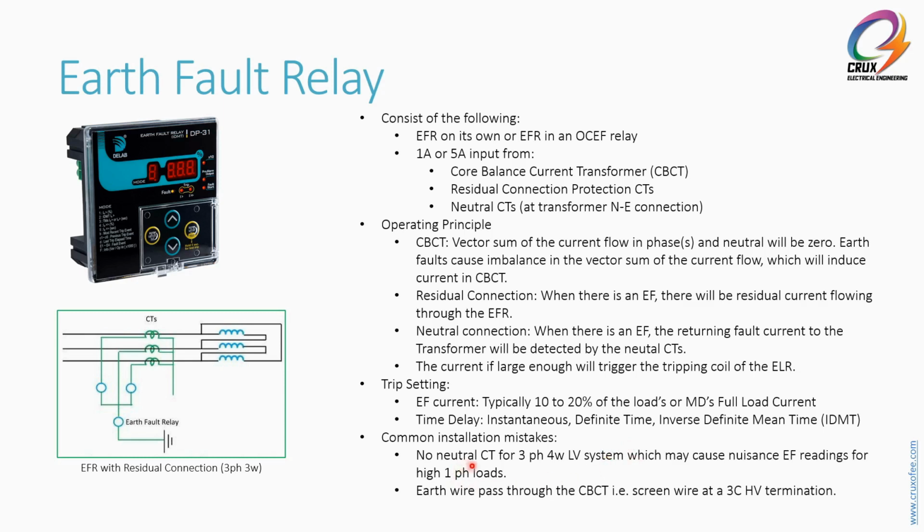So if you do not have that neutral CT, the summation at the common point of all the 4 CTs, all the 3 CTs will not be 0. And then sometimes earth wire pass through the core balance CT, similar to the core balance CT that was mentioned earlier.